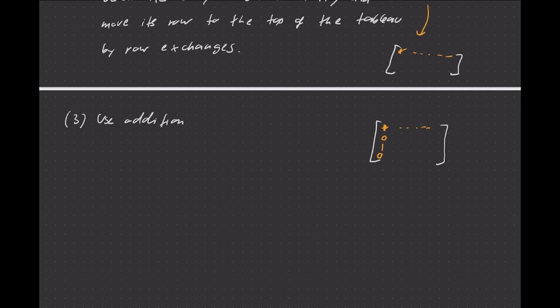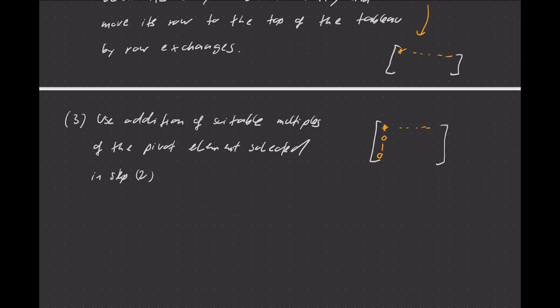Use addition of suitable multiples of the pivot element selected in step 2 to turn every entry below the pivot to 0.